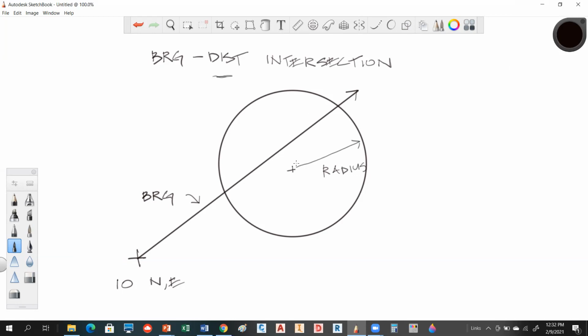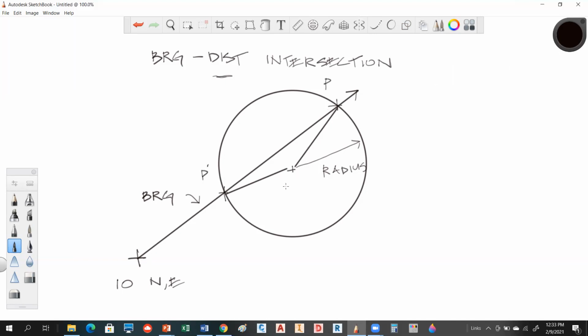So what happens here is, if we intersect this circle with that bearing, we get a solution there, or we get a solution here. So this type of intersection can yield, we could call that point P or point P prime. So either one of those could work.